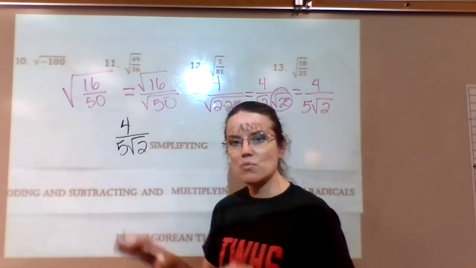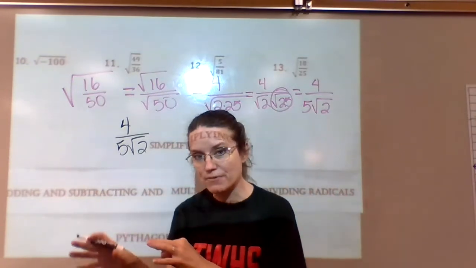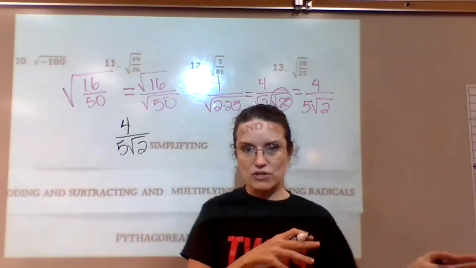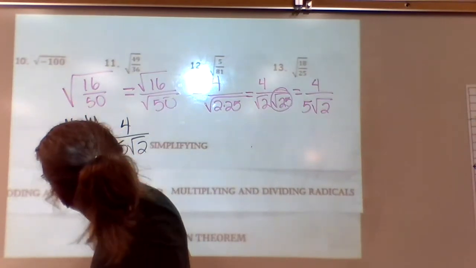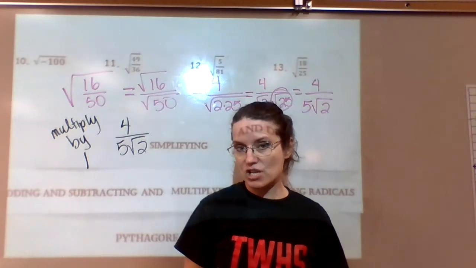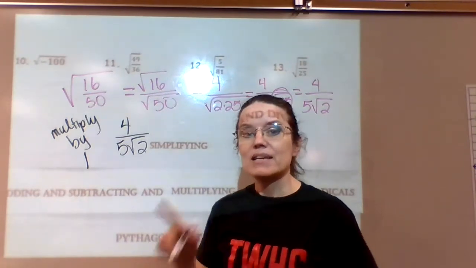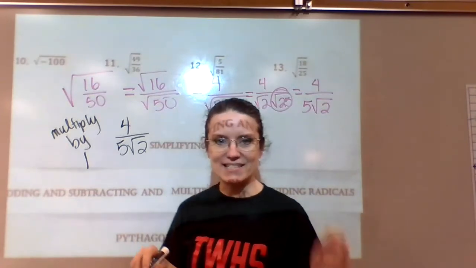And anytime you want to change a number so that it looks different but has the same value, we are going to multiply by 1. Because timesing by 1 doesn't change anything. But the way we make it look different is we use the number 1 in disguise.